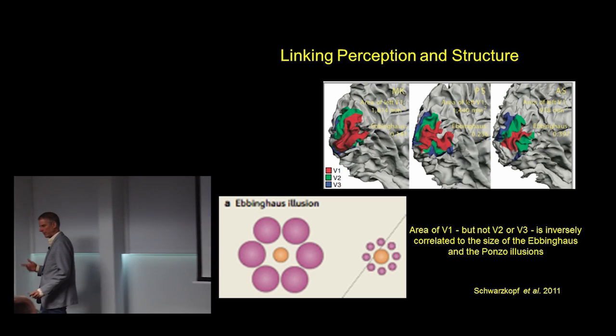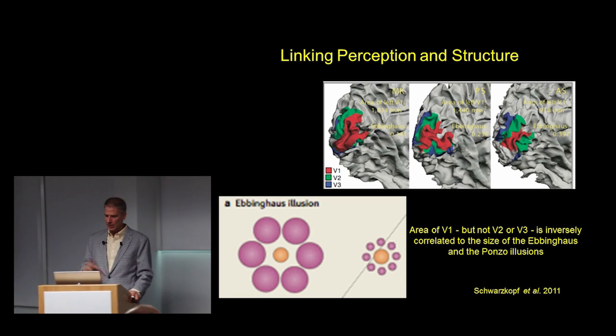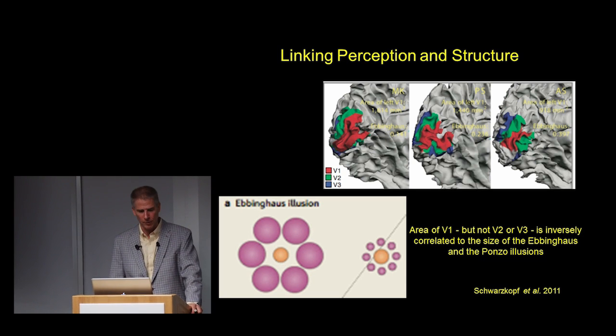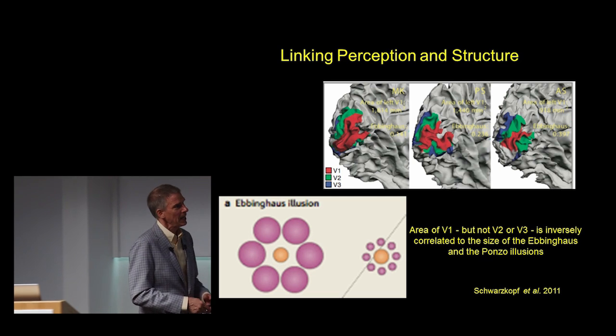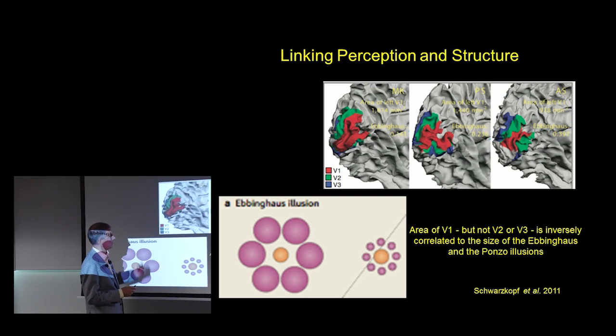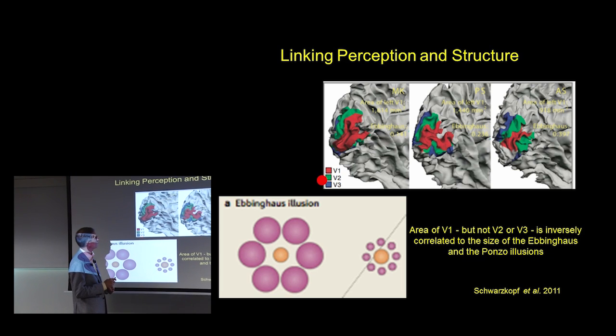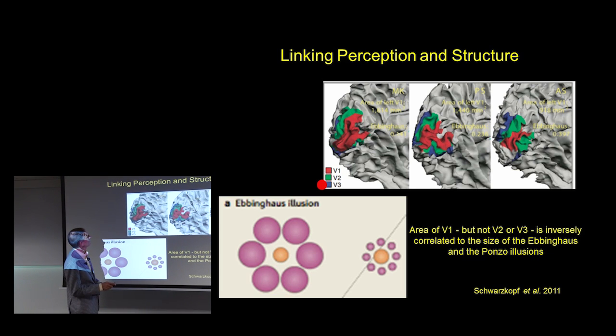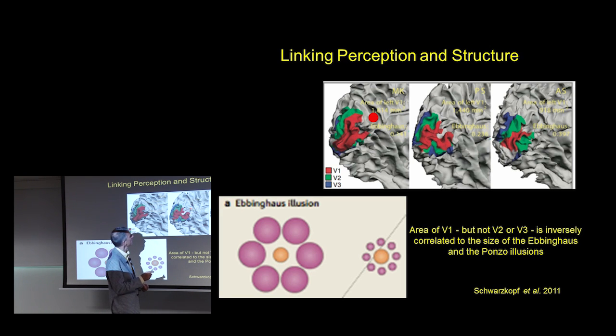And different people will have different sizes. They also did this for the Ponzo illusion and for other illusions. And then you can go and measure different sizes of the visual brain. So you can use fMRI to identify V1 or V2 or V3 in three volunteers here. So you can see here it's 1,600 square millimeters. Sorry, did I say centimeters? Yeah, square millimeters. 1,400 square millimeters and 900 square millimeters.